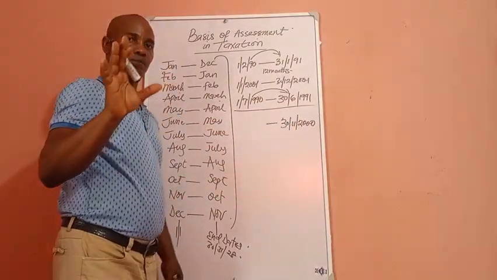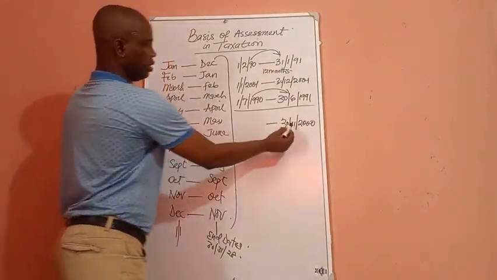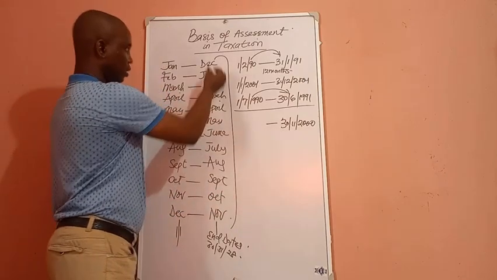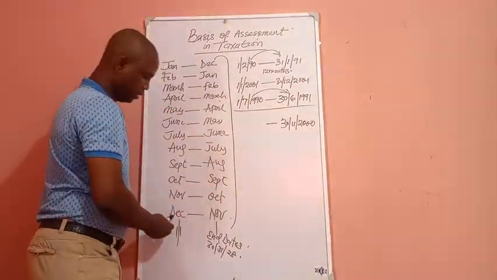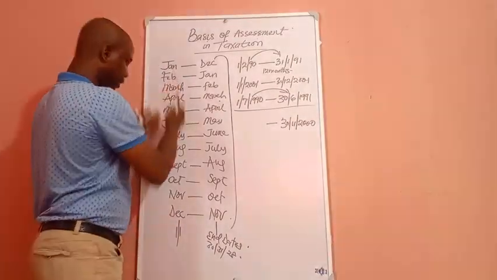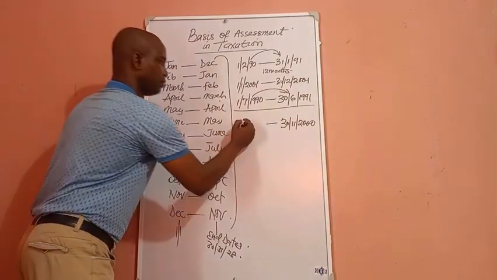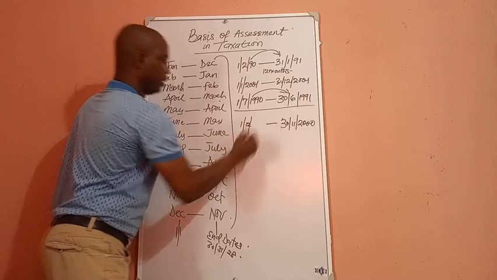You don't need to crack your brain. You don't need to scatter your head. Come back to this table. This is 11. 11 is November. So you go to November. November is here. So simply take this date. We're taking December. And once we're taking December, remember that this is the beginning date. So it's going to be 1/12. This is December.